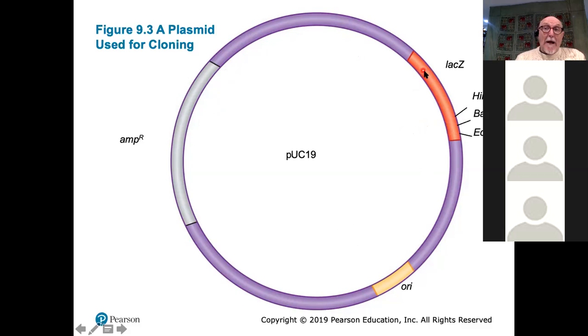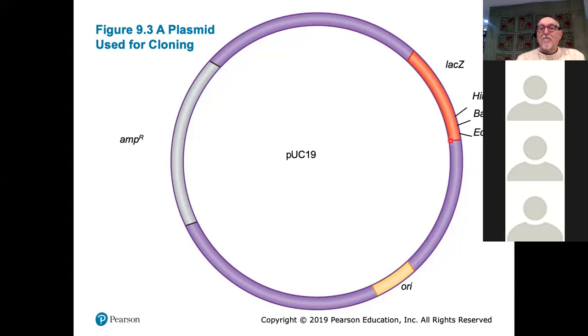They look white. So we pick the white colonies, and for sure, some of those bacteria will have the whole of our gene inserted here into the LAC-Z gene, which totally disrupts the LAC-Z function, and that's why they are white. Okay, that makes sense.